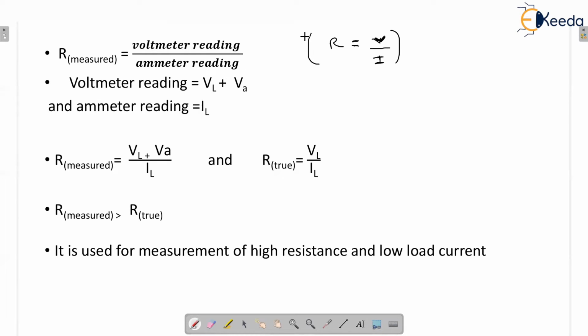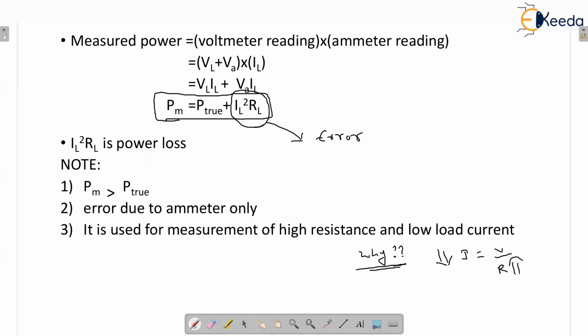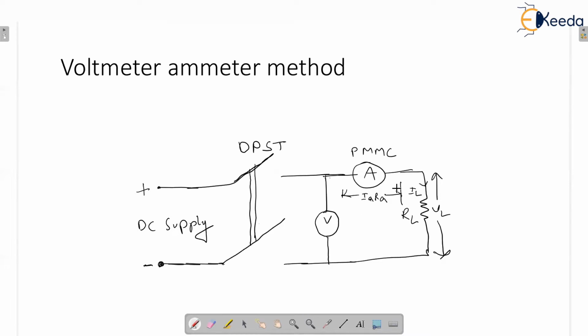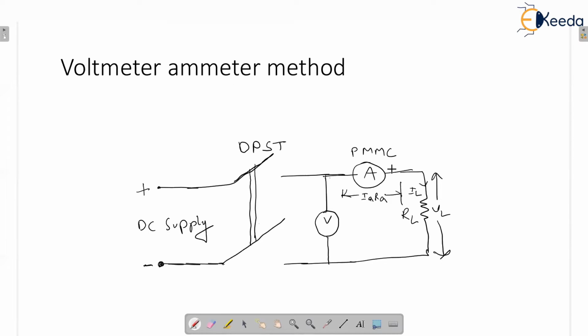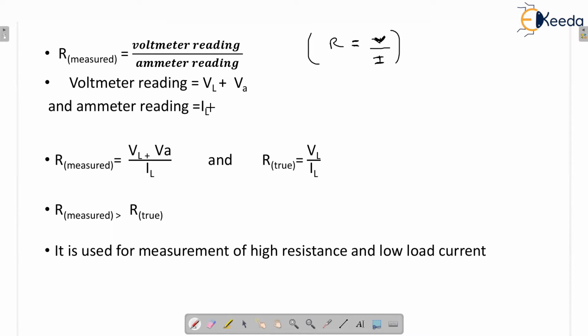What does the voltmeter read? Voltage across the ammeter and voltage across the load. What does the ammeter read? Current through the load.